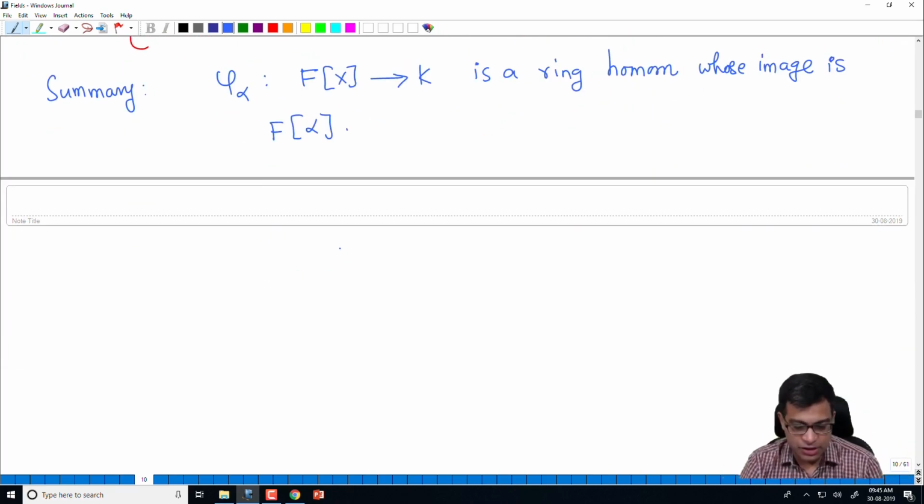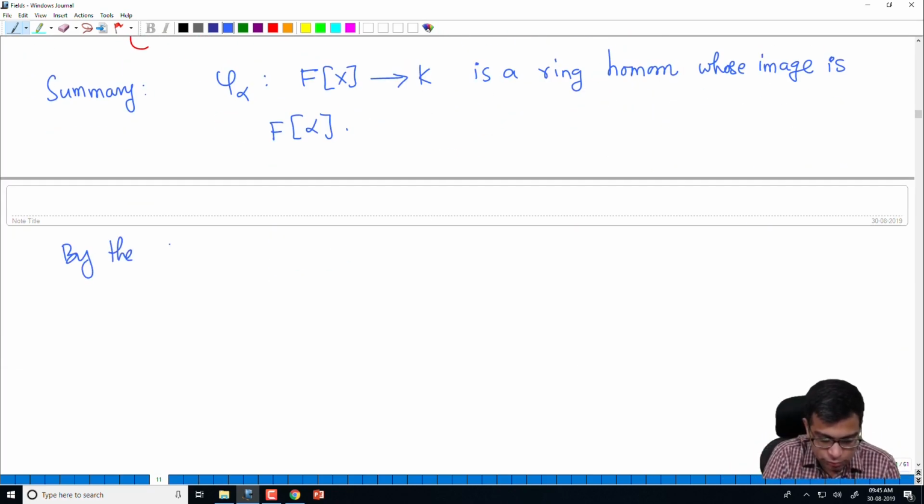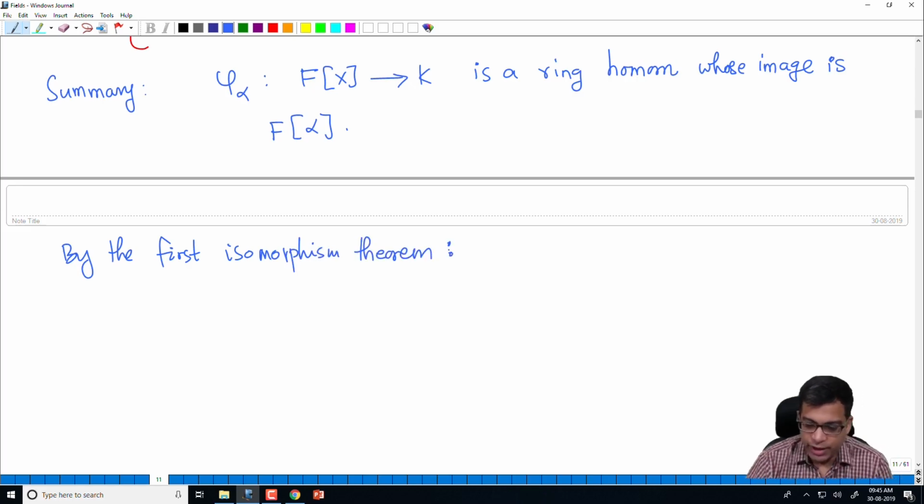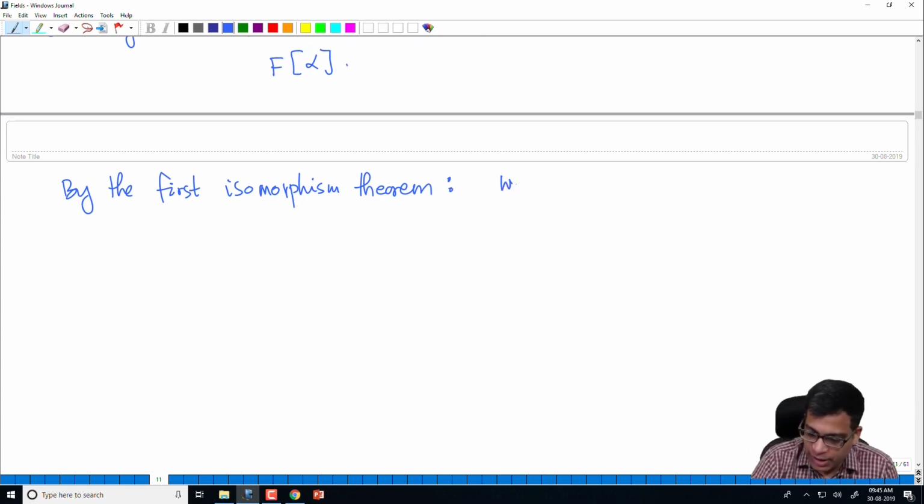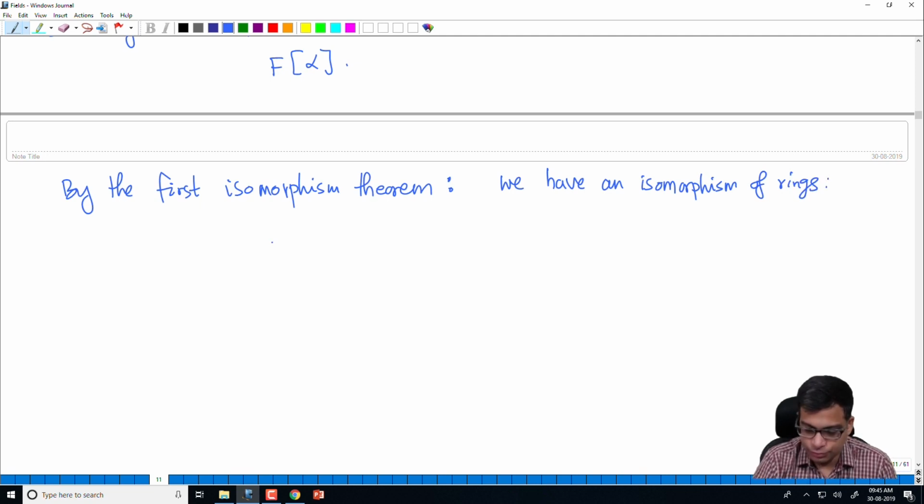So by the first isomorphism theorem, we have an isomorphism of rings, which I will denote also by phi alpha for simplicity, from F[x] modulo kernel phi alpha.